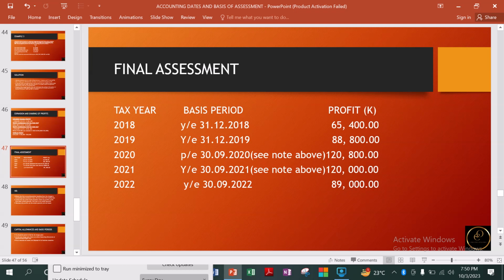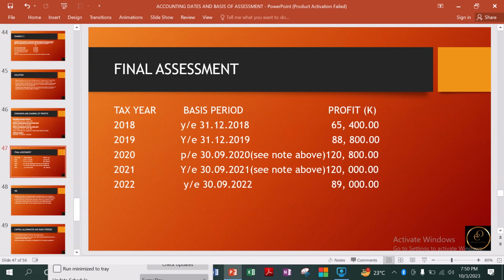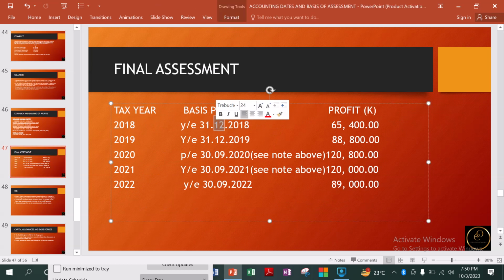So the basis period is not this one, let me correct this. The basis period is 31st March 2019. Since it is the preceding year basis, the tax is 2018.